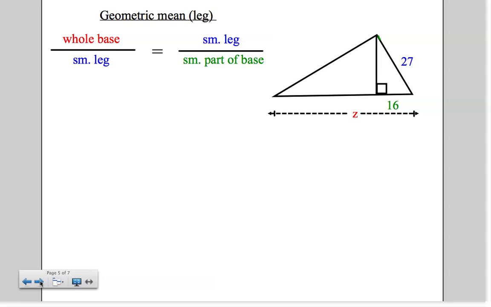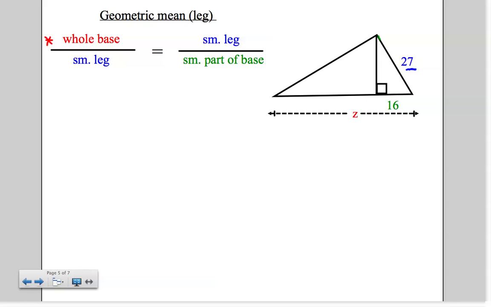In my next example of using the geometric mean, they give me a leg. So I'm going to use the geometric mean for a leg. In this case, they give me the small leg. So let's just plug in our numbers to our equation. Our equation for the geometric mean for a leg is the whole base over small leg equals small leg over the small part of the base.